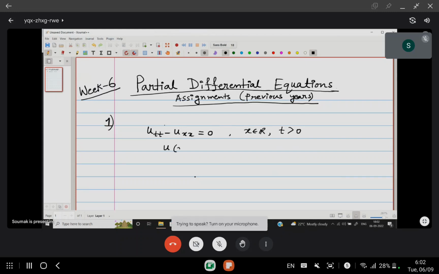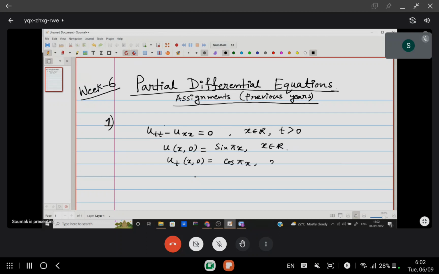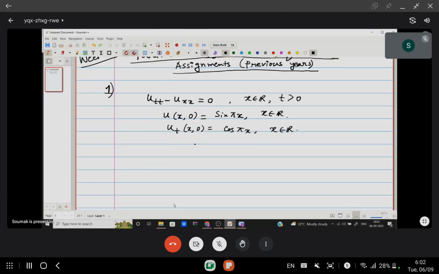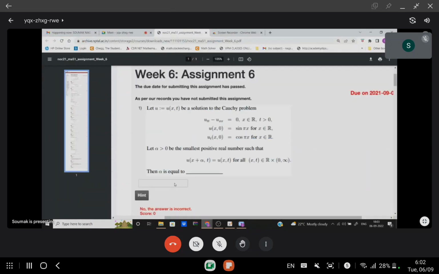Initially, u(x,0) is sin(pi x), x in R, and u_t(x,0) is given as cos(pi x), x in R. So you have to solve this problem, and you have to find the smallest positive real number alpha such that u(x plus alpha, t) equals u(x,t).